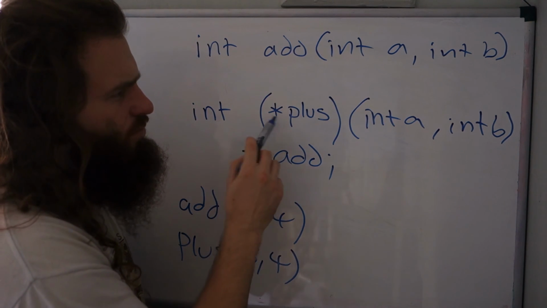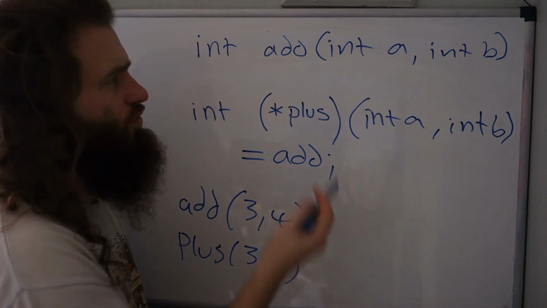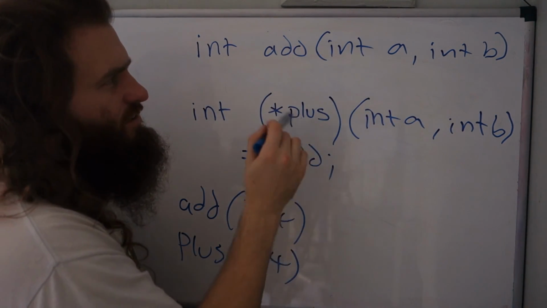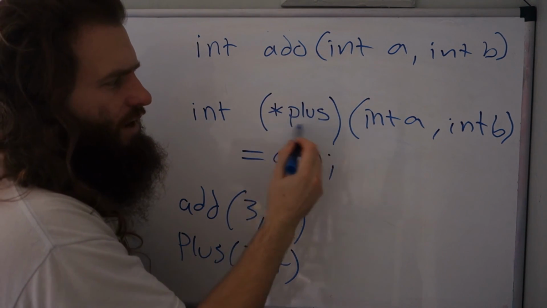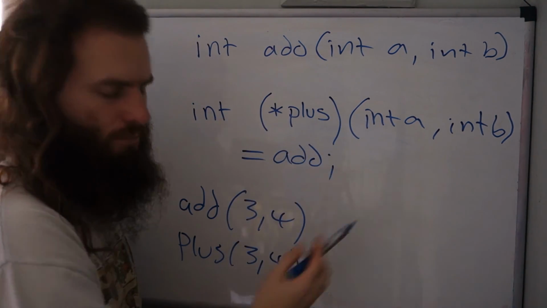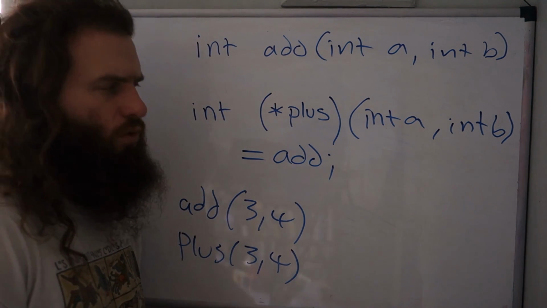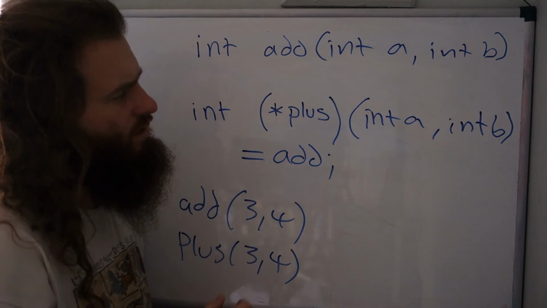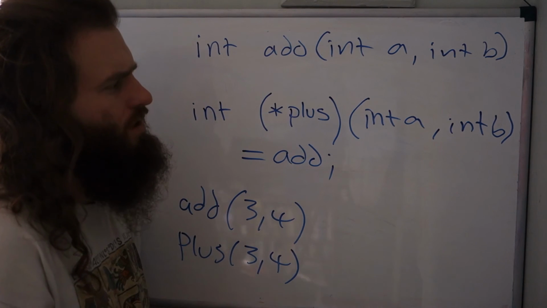So it's actually that simple to create a pointer to an existing function. You just copy the definition of the function, bracketize the name of the function and put an asterisk in front of it, and that gives you a variable of that name to which you can then assign any function which matches that prototype.